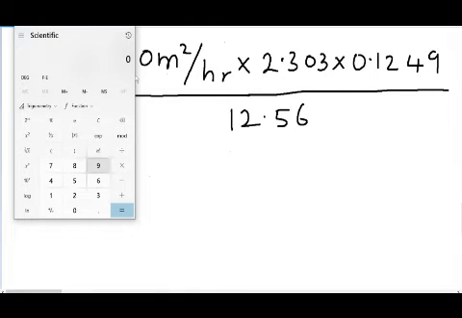Now let's multiply 90 by 2.303 and 0.1249.